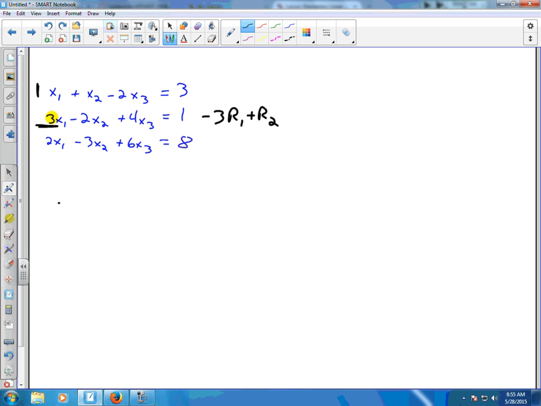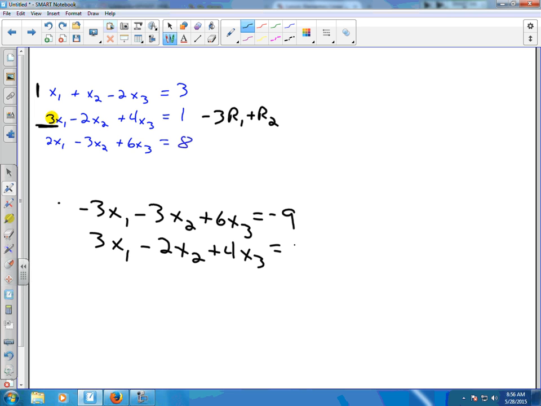So if I multiply the top equation by negative 3, I get negative 3x1 minus 3x2 plus 6x3 equals negative 9. Then that second row is already positive 3, minus 2, positive 4, and 1. So if we add those two equations together, our x1's cancel, and we get minus 5x2 plus 10x3 equals negative 8.